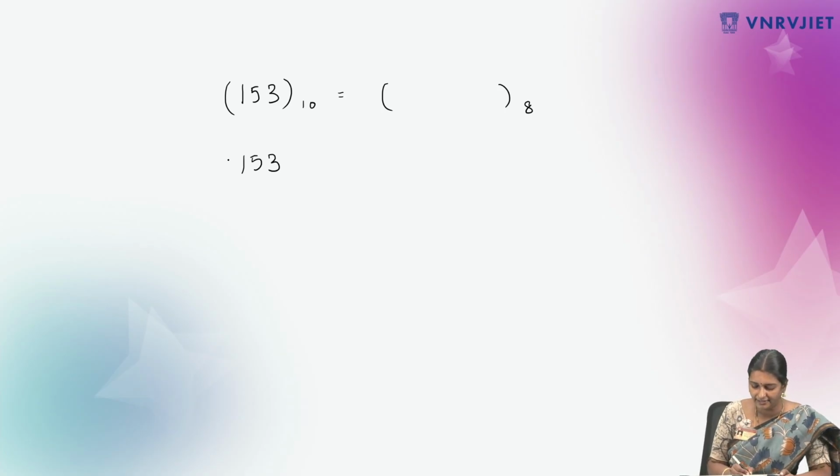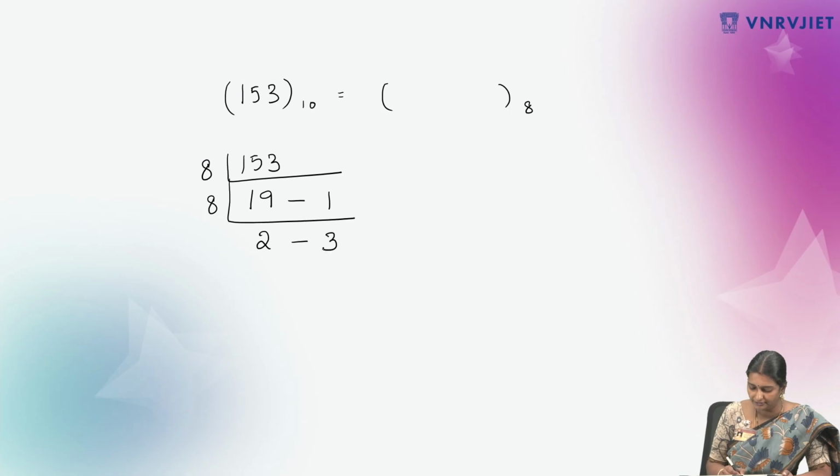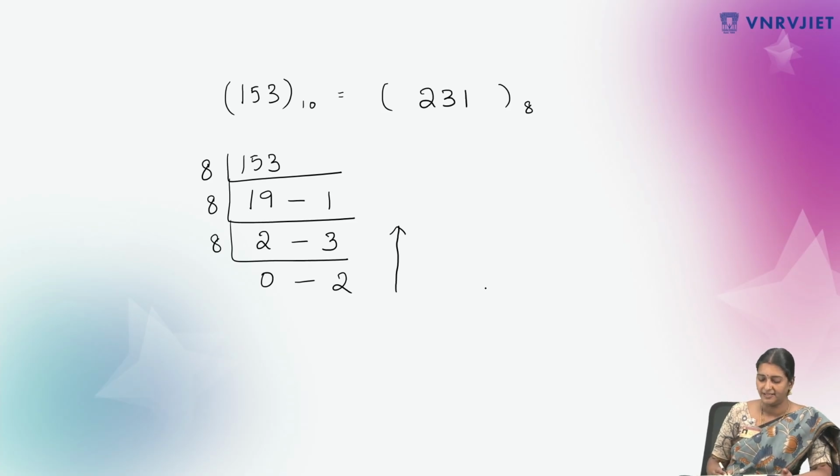Simply divide the decimal number by 8 and accumulate the remainders. 153 divided by 8 is 19 with a remainder 1, and 19 divided by 8 gives 2 with a remainder 3. We can stop here, or simply divide 2 by 8, which gives 0 with a remainder 2. So accumulate the remainders from bottom to top. So 153, a decimal number, when converted to octal will be 231 to the base 8.